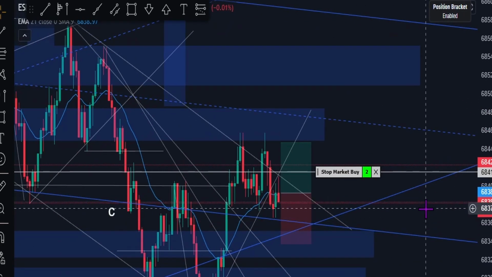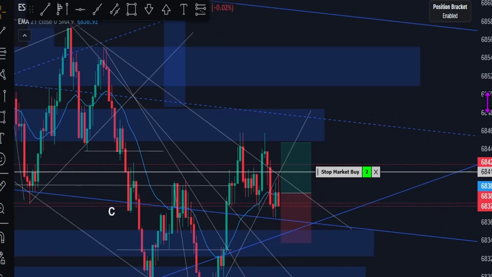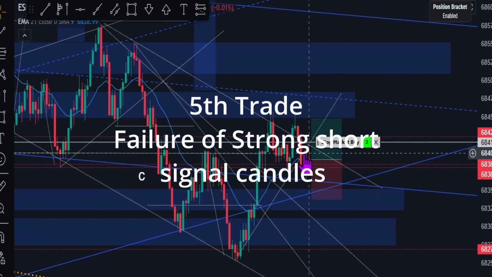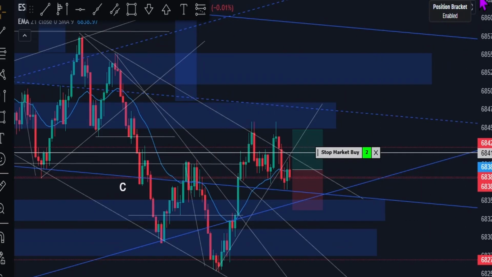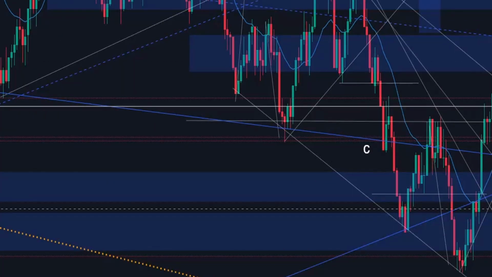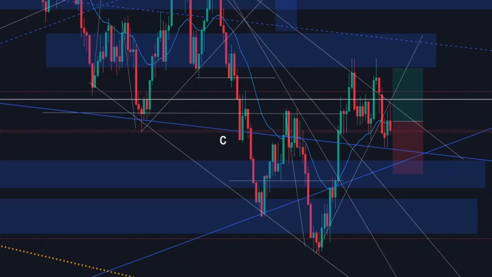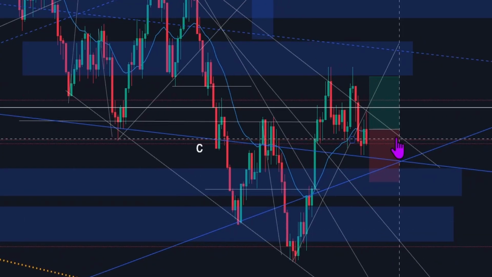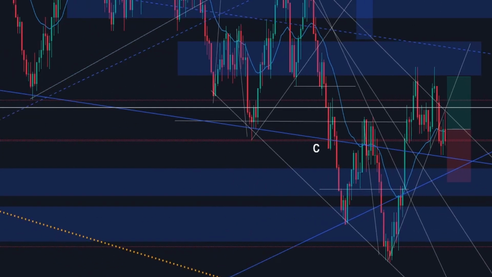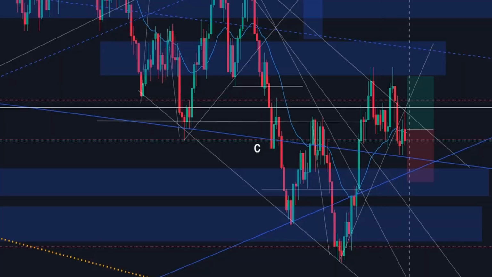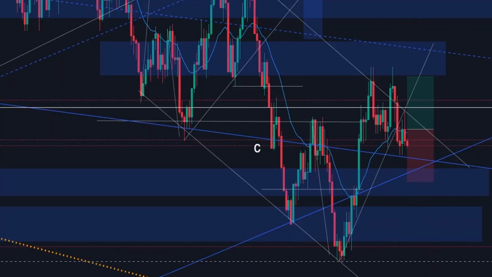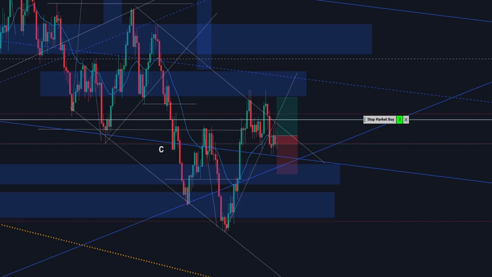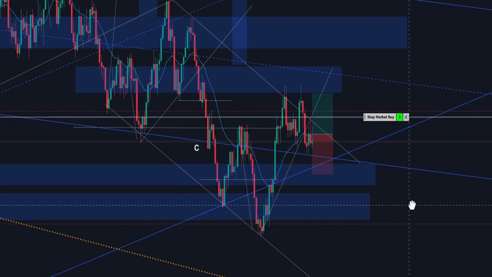Exactly. And now I'm going to go for the failure of this signal candle. In case there is a signal candle, it would be better because I know many people are going to be trapped at this level. And yeah, exactly. Go short.